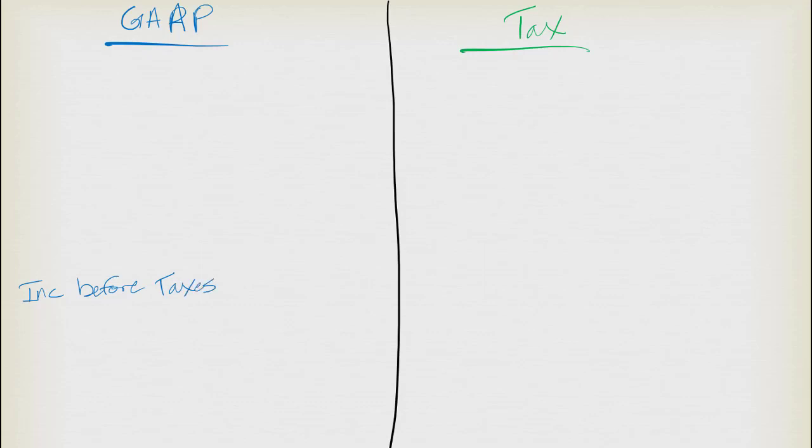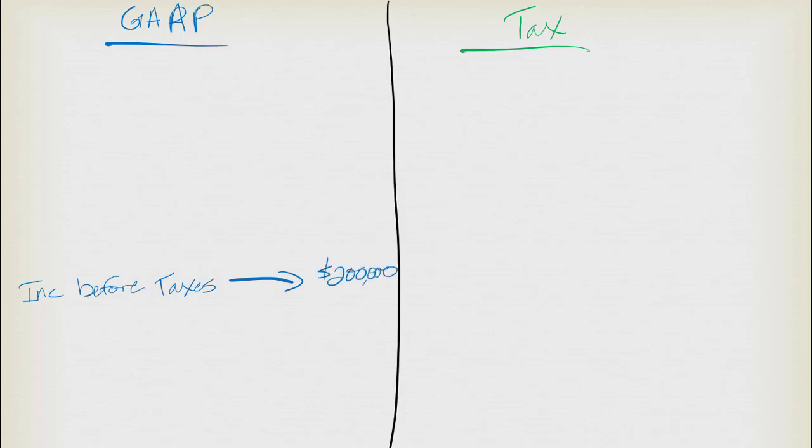Let's put GAAP on this side and tax on this side. Income before taxes for GAAP purposes, let's say, is $200,000.